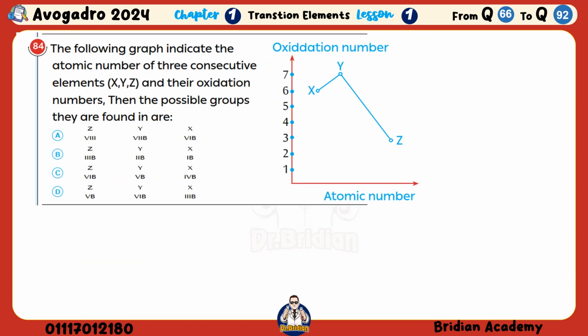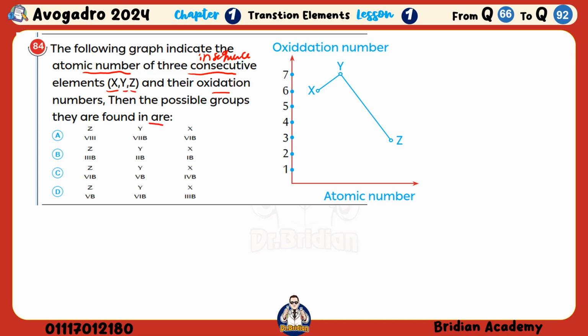Question number 84: the following graph indicates the atomic number of 3 consecutive elements in sequence, X, Y, Z, and their oxidation numbers; then the possible groups they are found in are?